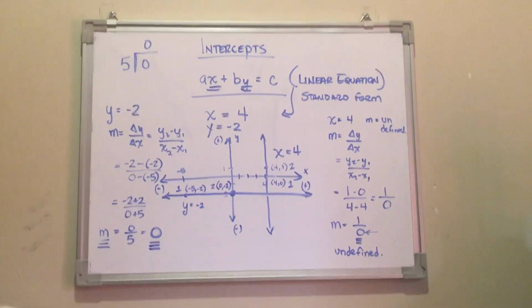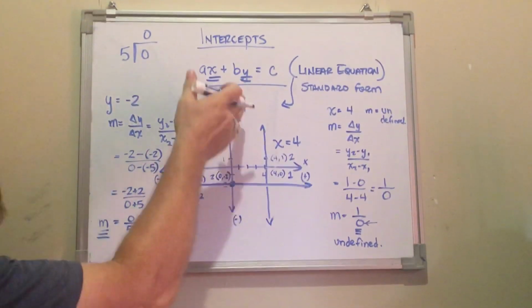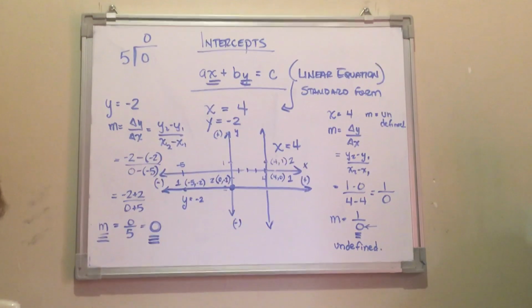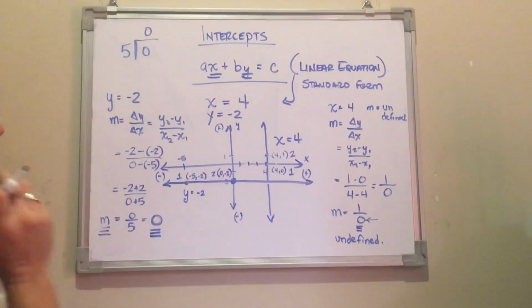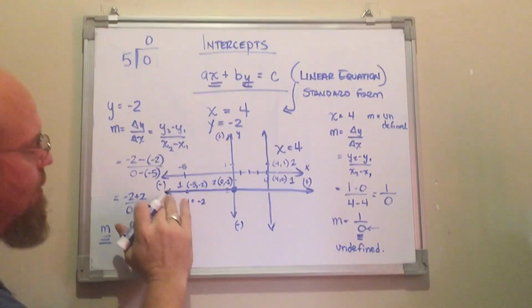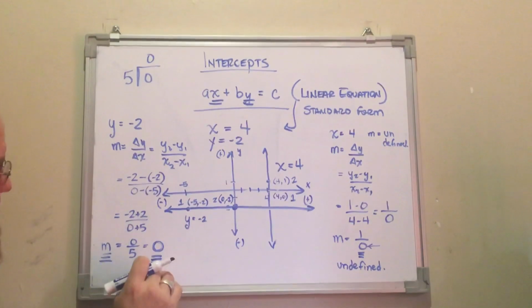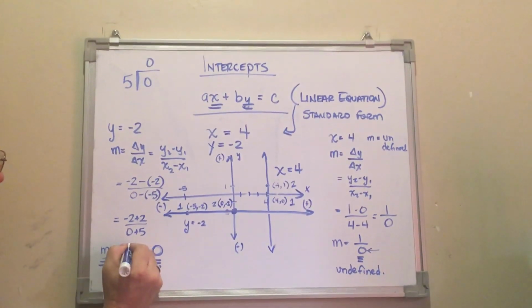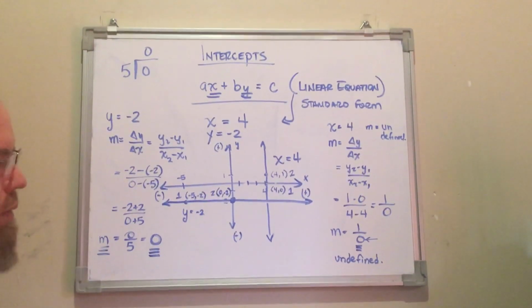Okay? So I want you guys to understand that, and the movement of these two lines, how to graph them, how to graph x equals 4 and y equals negative 2, and also understanding the concept of the slope. The slope of y equals negative 2, which is a horizontal line, is 0, because the 0 is in the numerator, and that is an actual value of 0.